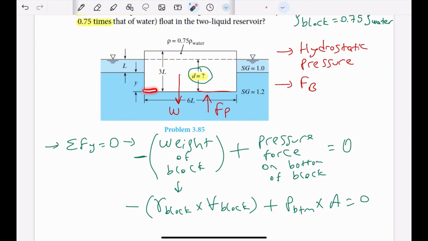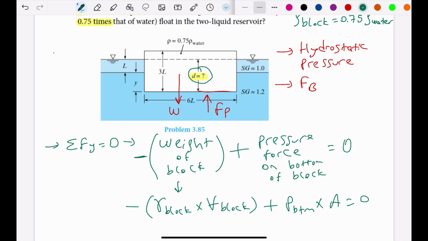Here we have a width of 6L and we have a height of 3L, but we are missing the third dimension. We are missing the depth. So we can assume the bottom of this block is square.